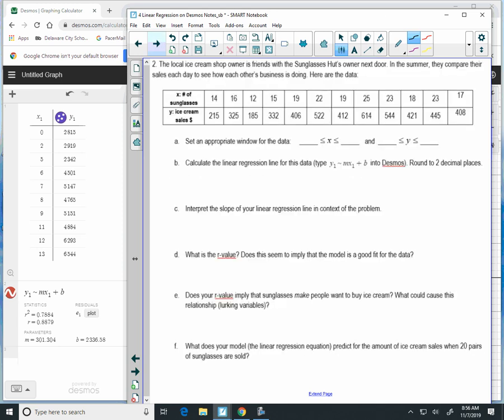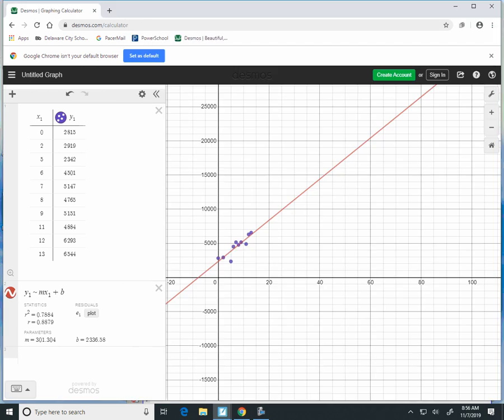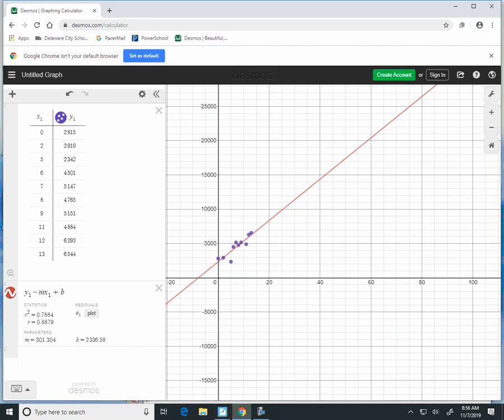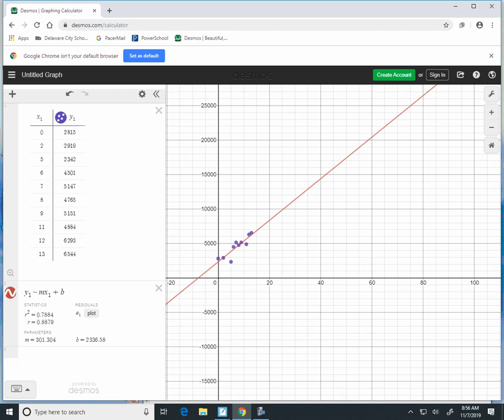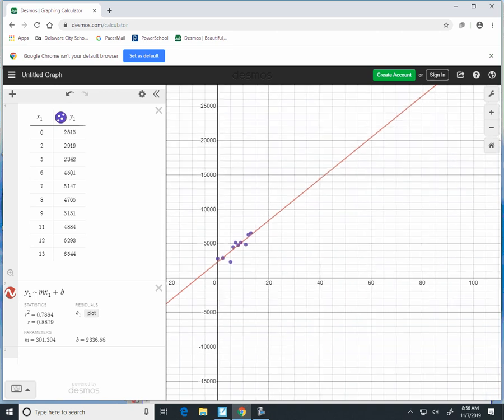Let's do this again. Put this data in. Every time, and the OST does this for you, which is lovely, but I can't do it for you in the middle of a test, every time you get to a new problem, you want to clear out everything.